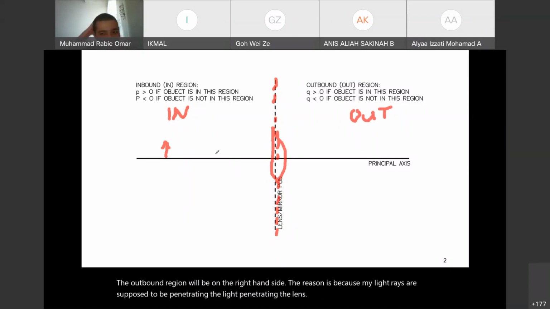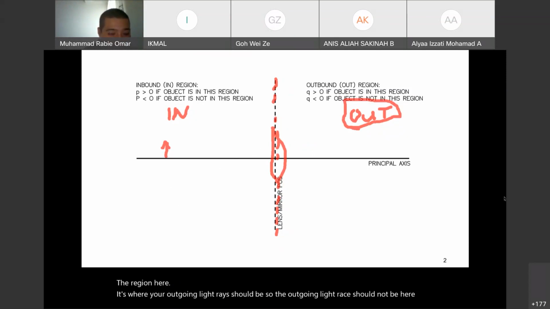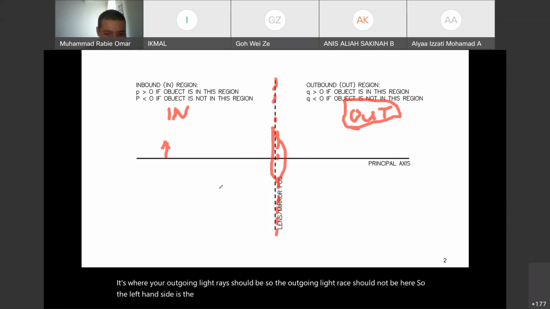And the reason why I put this at outbound region, because the region here is where your outgoing light rays should be. So the outgoing light rays should not be here. So the left-hand side is the forbidden region for the outgoing light rays because it is not possible for the light. If you consider the internal reflection, then it is possible.